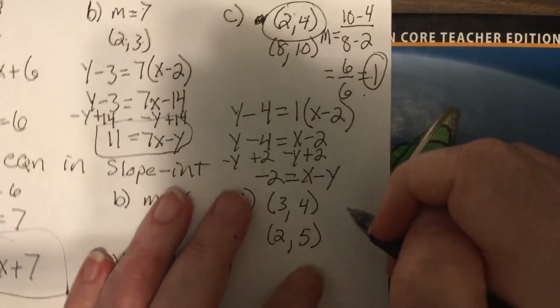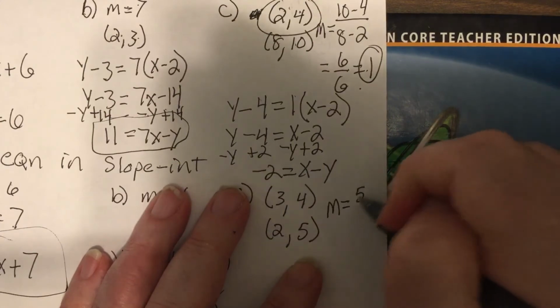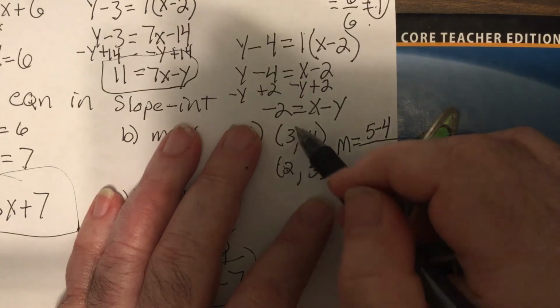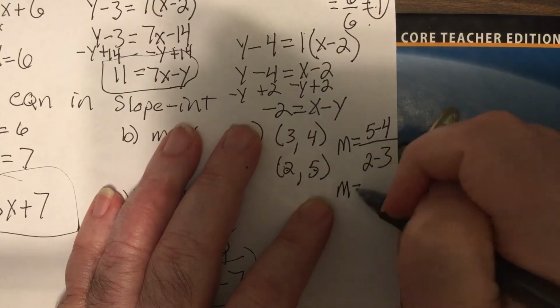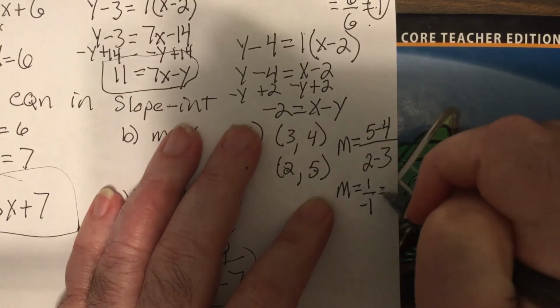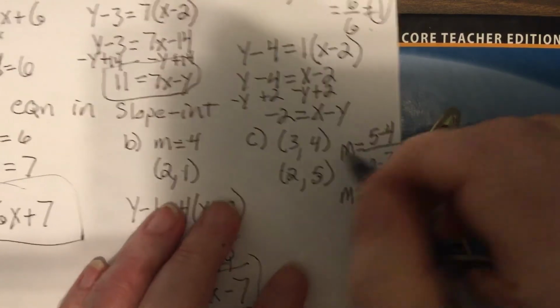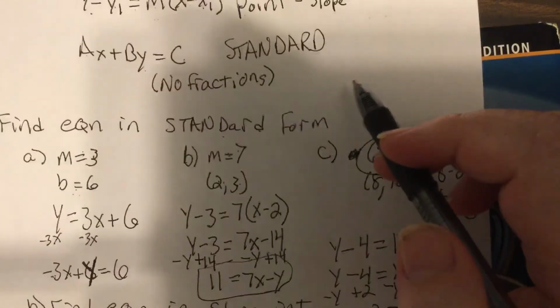So this one, I'm going to find the slope, so 5 minus 4 over 2. If you start with this y, I have to start with this x on the bottom, 2 minus 3. So m equals 5 minus 4 is 1 over negative 1, which is negative 1. So I'm going to use the slope negative 1, and I'm going to use a point, doesn't matter which one, and use point slope.